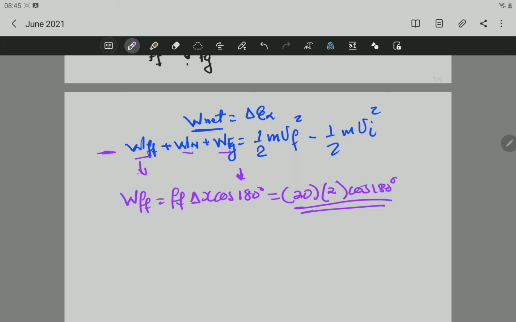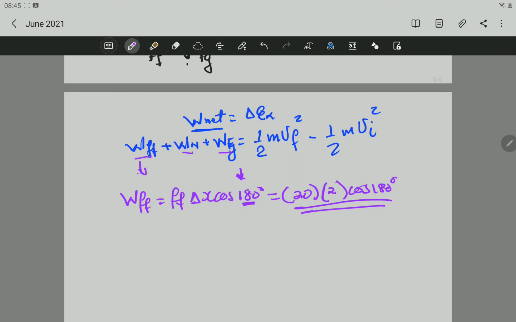You cannot write minus frictional force, because when you multiply this minus by the minus of cos 180 it will give you positive, and it is going to be wrong. The work done by the frictional force is going to be negative because it's taking energy away from the system, and it will come negative because of the cosine of 180. So do not write the negative at the front of the work done by frictional force. Please take that note.